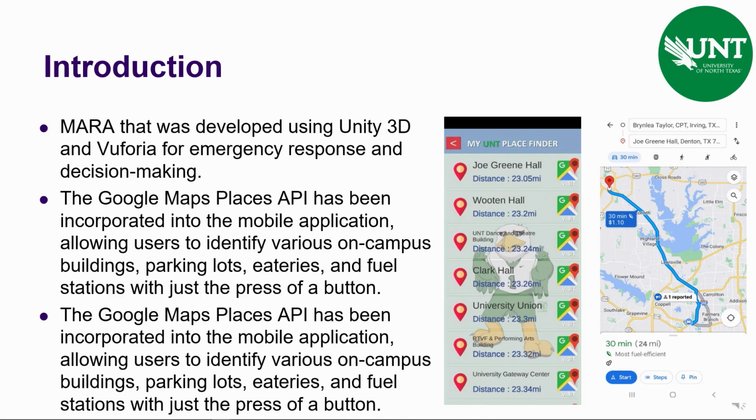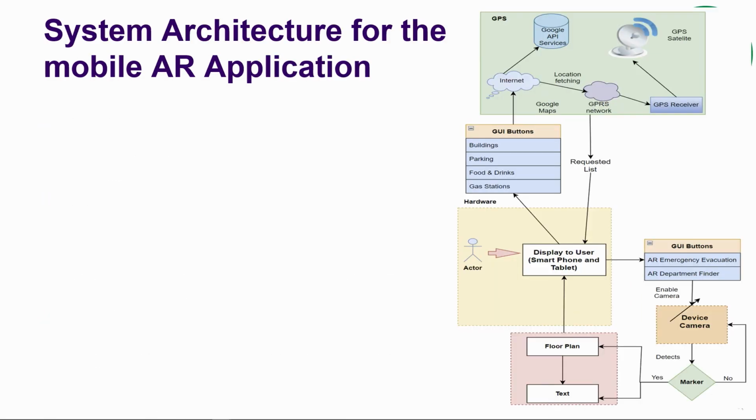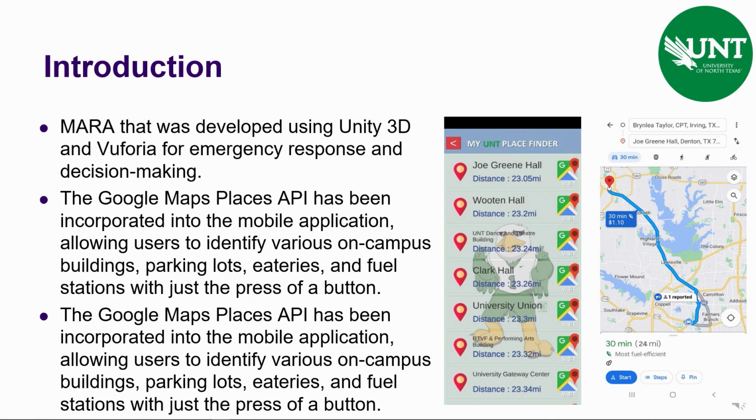Our mobile augmented reality application was developed in Unity 3D with the Vuforia asset, and we also combined it with navigational features. On a university campus, we are always looking for things around us. You have a lot of buildings, parking lots, food places, and fuel stations.